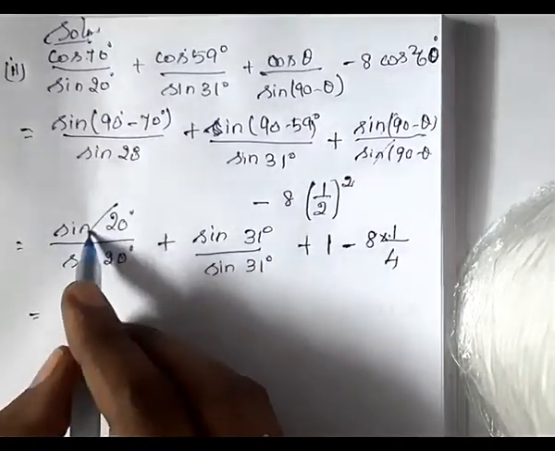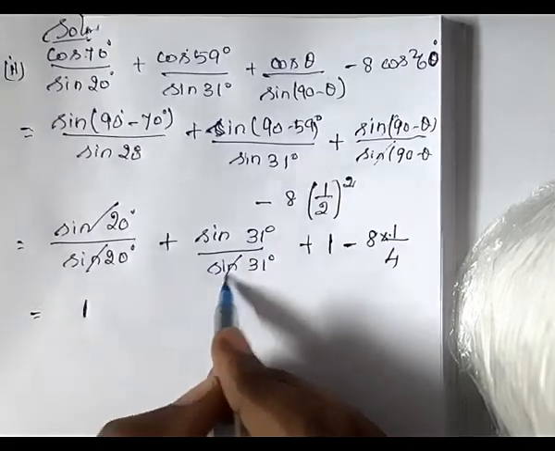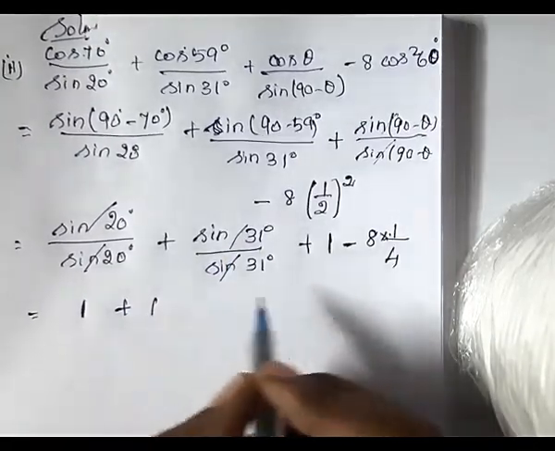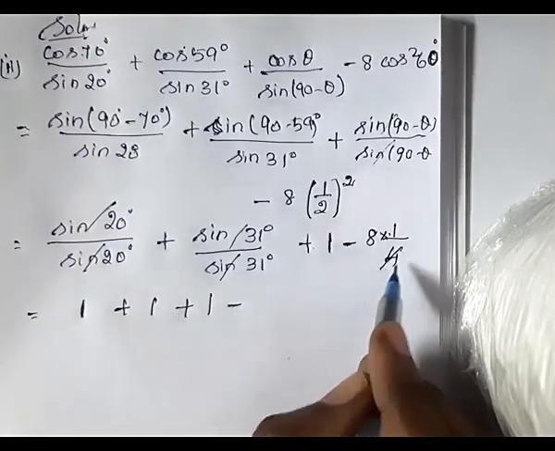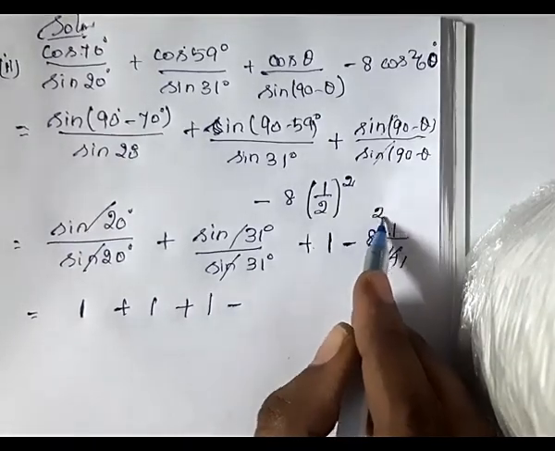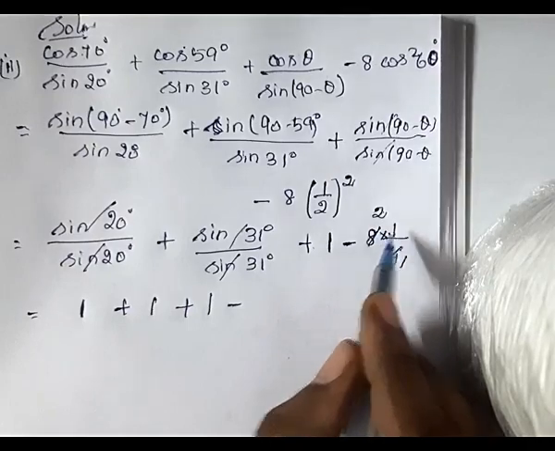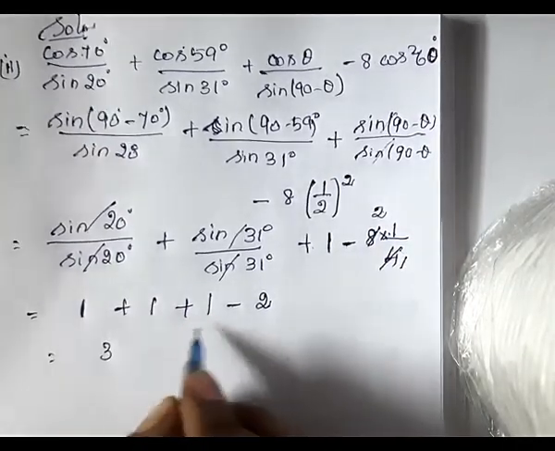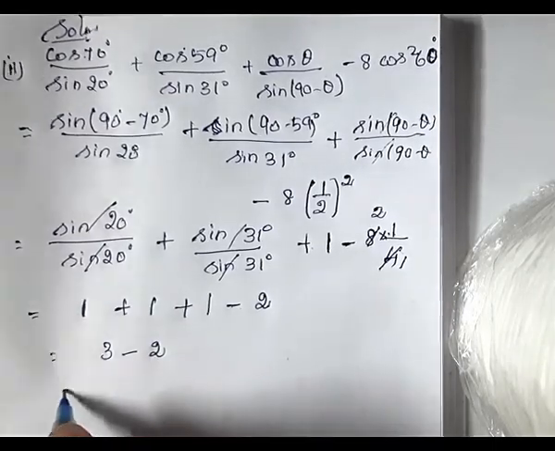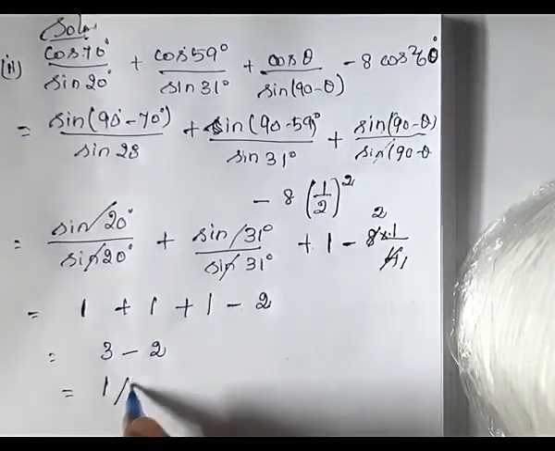Then cancel 1, already plus 1 is there, then minus, 4 into 2 is 8, 2 into 1 is 2. So 1 plus 1 plus 1, 3 minus 2 equal to 1. This is your answer.